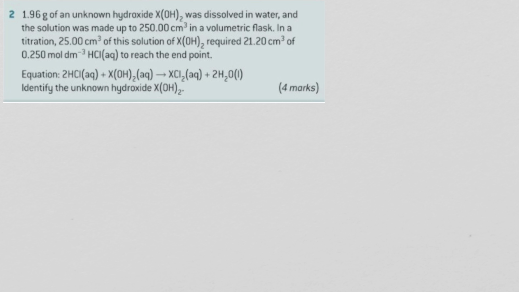So it might be best to write down the equation again, which is 2HCl plus XOH subscript 2, and that gives XCl2 plus 2H2O.